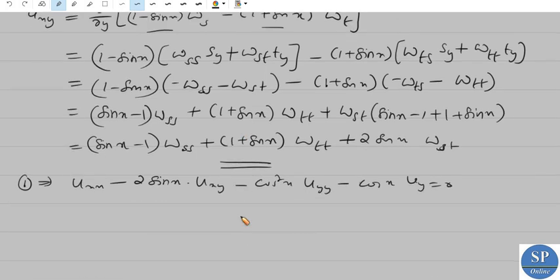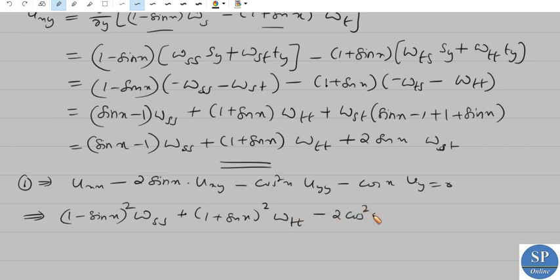So we are replacing these partial derivatives in this equation. We get first uxx. Uxx is nothing but 1 minus sin x whole square into wss plus 1 plus sin x whole square wtt minus 2 cos square x wst minus cos x into ws plus wt.